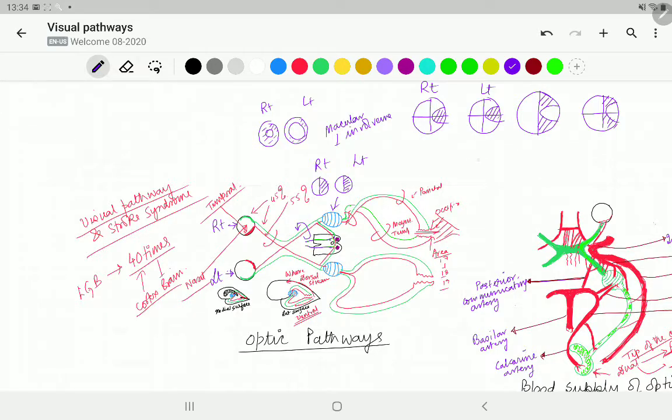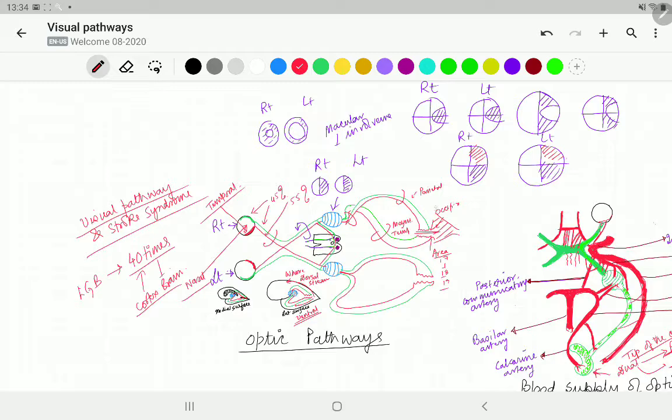Now in optic radiation, it depends on which part is affected. If the right parietal lobe, for example, is affected, you will get left lower quadrantic hemianopia. Whereas if on the right side the temporal lobe is affected, you get left upper quadrantic hemianopia.